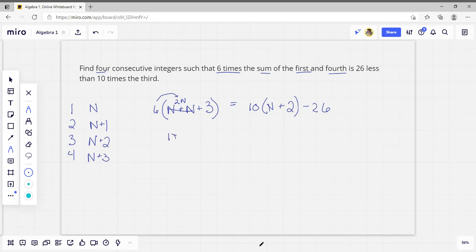Okay, so then I'm going to have 6 times 2n would be 12n. Oh, come on, pen. And then 6 times 3 would be 18. And that will be equal to, then we have to rainbow here. 10 times n would be 10n.